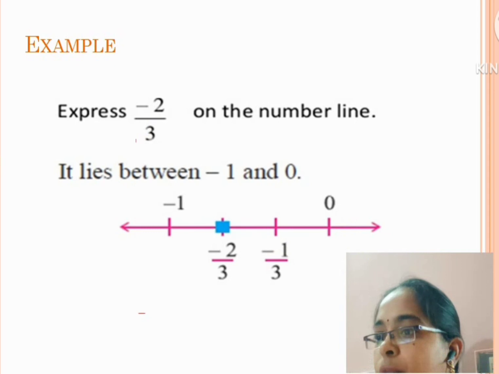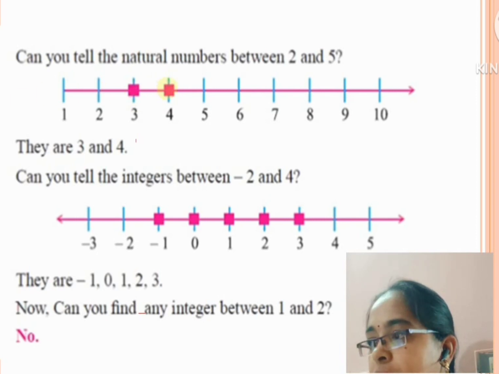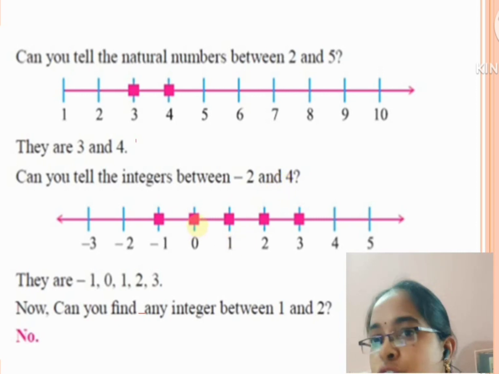Now see one more number line. If you observe the natural numbers number line, is there any number between 3 and 4? No, in natural numbers or whole numbers, there is no number between 3 and 4. If you observe integers, is there any number between minus 2 and 4? Yes, between minus 2 and 4 we have minus 1, 0, 1, 2 and 3. Like that, is there any number between any two rational numbers?